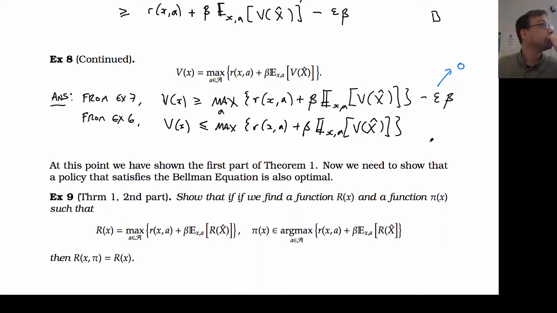So we're done with that part. We basically have the inequality in both directions, and so the optimal policy must satisfy this Bellman equation.